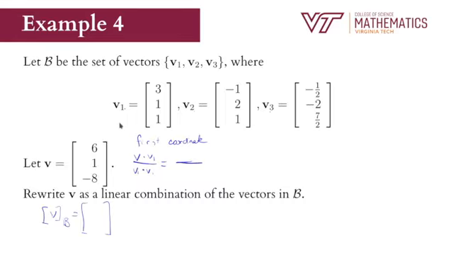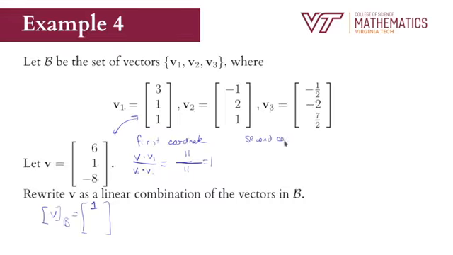So the dot product of both vectors is 18 plus 1 is 19, minus 8 is 11. And the dot product of v1 by itself is 9 plus 1 plus 1, which is also 11. So our first coordinate is 1.